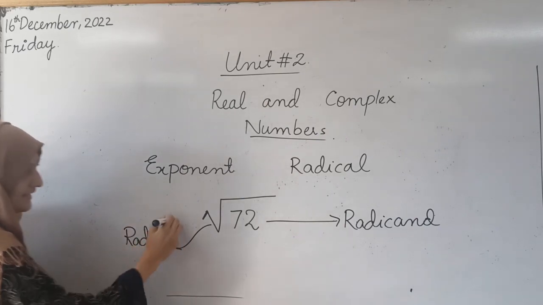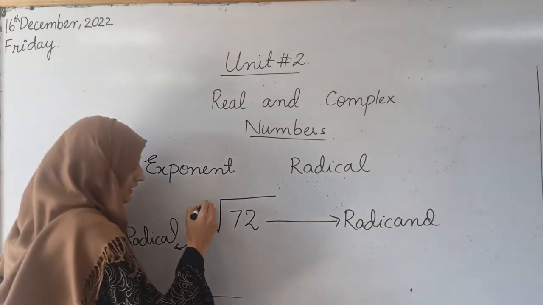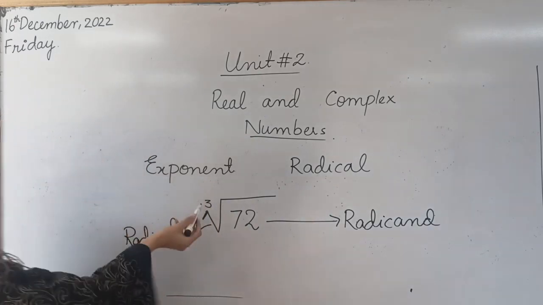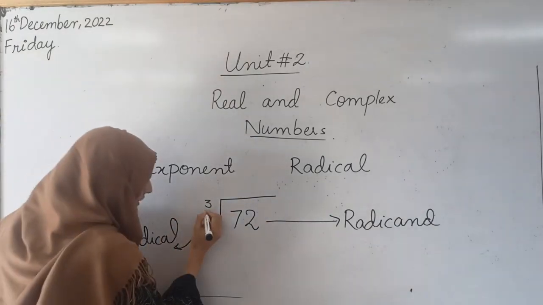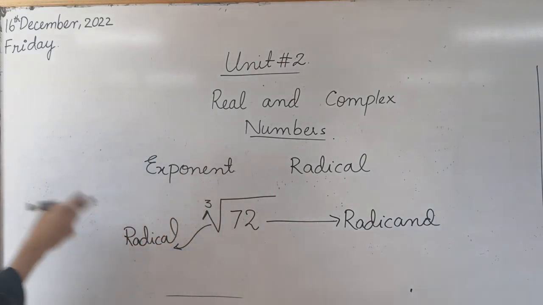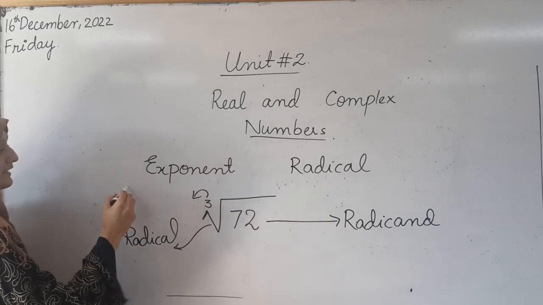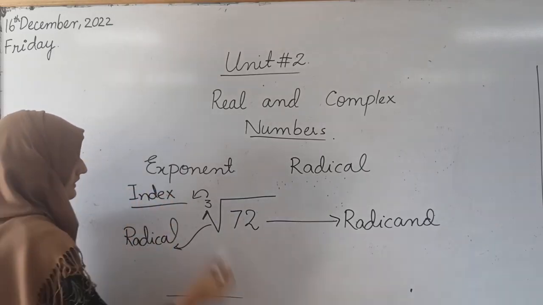And the number inside the radical sign is the radicand, and sometimes we see numbers written on the top of this, 3, 4, 5, 6, 7. This is the index.